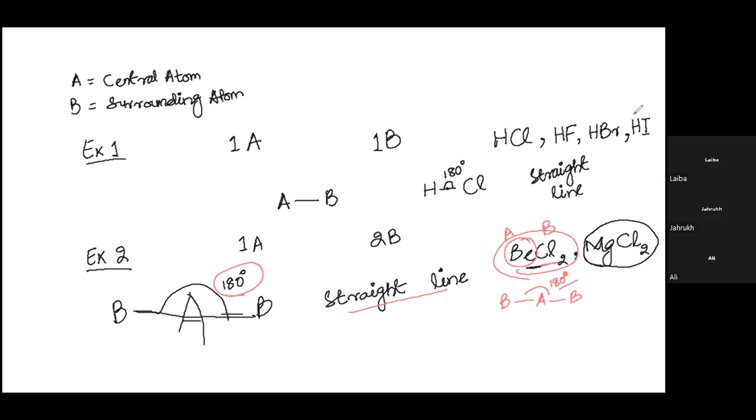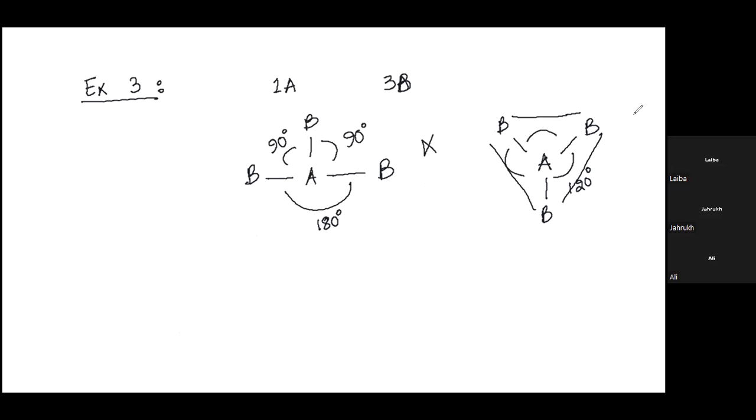In order to make more sense of it, let's do the same with example number 3. Let me quote a couple of examples: BF3, BCl3, AlCl3. Most of these examples, if they have a covalent character, would be something like this. Now, you're already sure about the angle.